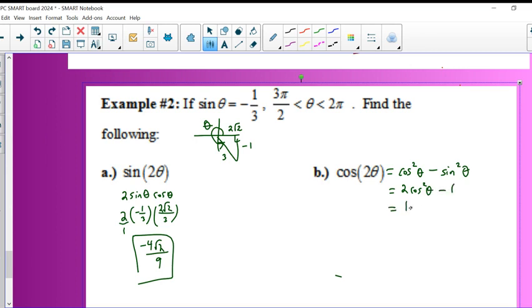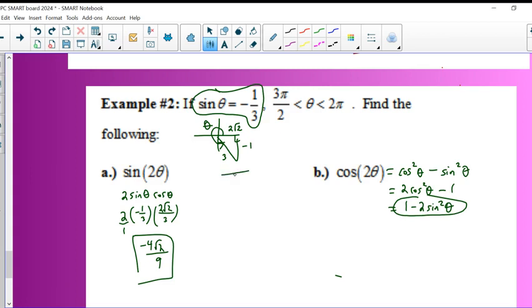There's also 1 minus 2 sine squared theta. Does not matter which one you pick. Some students might see, well, I'm given sine of theta, so some students might just naturally gravitate to the one that only involves sine. It's up to you. But seeing as we already drew out the picture, you can use either.